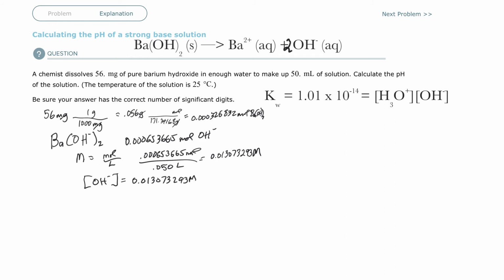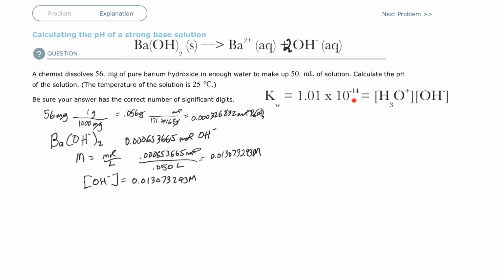Okay, we're halfway there. We now have the concentration of hydroxide ion. Now I need the pH. So a couple more steps. I need to remember that the Kw, or the ion product constant, is 1.01 times 10 to the negative 14.